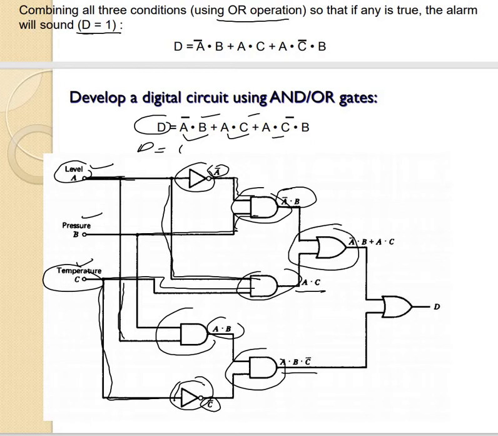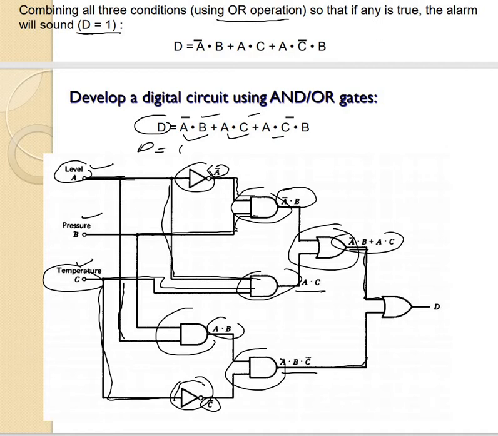Okay, here we can write A bar dot B plus A dot C. Like what I'm saying, for all the gates we have two inputs and one output, so we need to use the gates separately. The output from the first OR gate will be the input for the second OR gate.